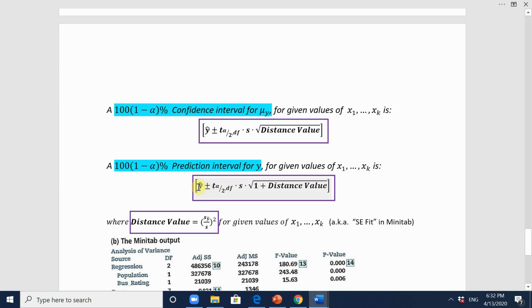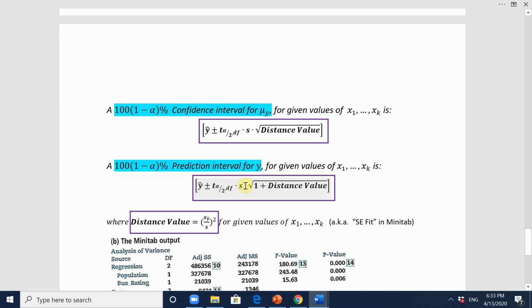Now remember, at the beginning we went over this and I showed you how y hat can serve both as a point estimate for mu of y and also as a point prediction for an individual value of y. This is under the four model assumptions, and of course we are assuming that they hold here, right?